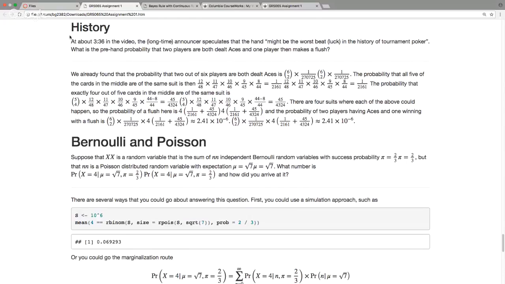This is going to be hard to read with all the duplicated HTML, but basically we already found the probability of 2 people getting aces. That's like 6 choose 2 divided by 270,000, and then you work out the probability that exactly 4 out of 5, or 5 out of 5 cards in the middle come out to be the same suit.